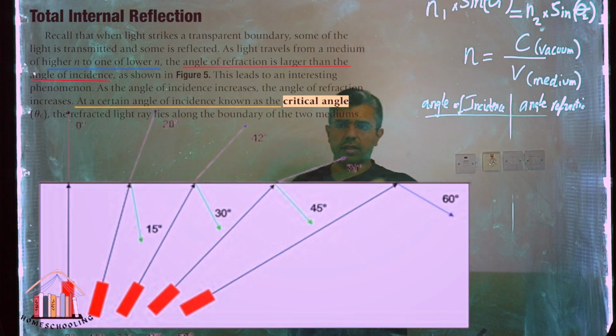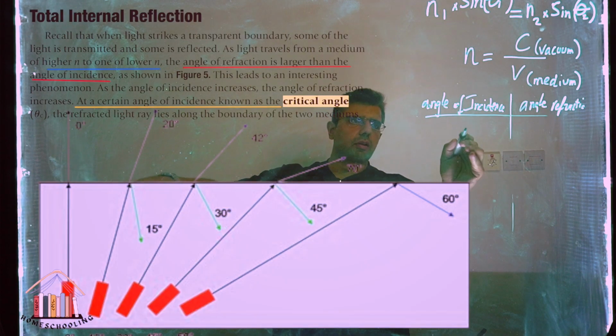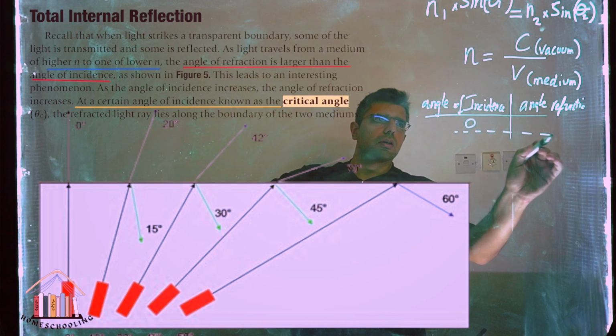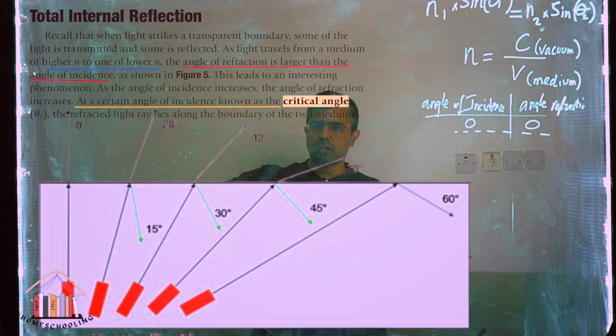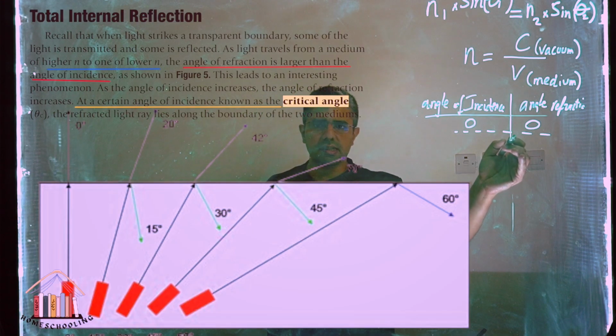At first we have 0 degrees. If the angle of incidence is 0, it will continue at 0 degrees, along the normal, with no deviation, because it's perpendicular to the surface. The light is perpendicular to the surface, making a 0 degree angle, so it will continue with this 0 degrees.